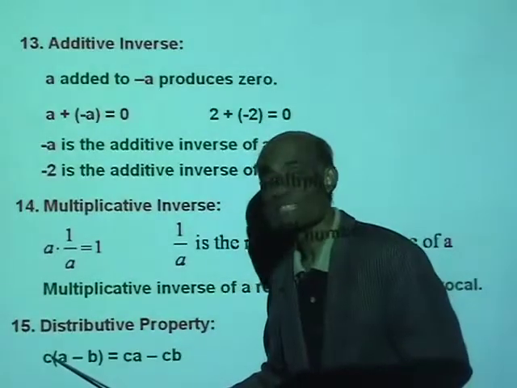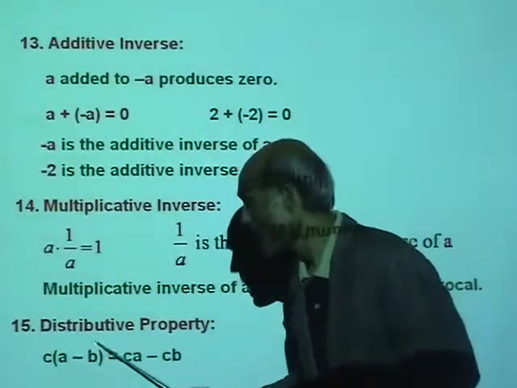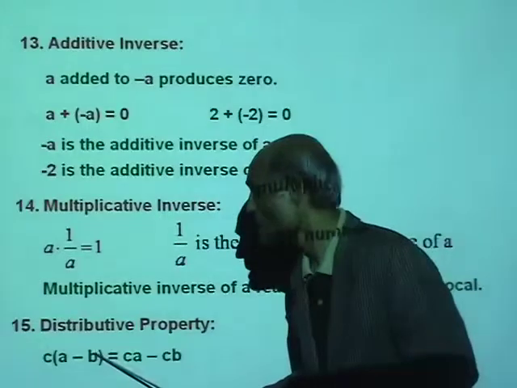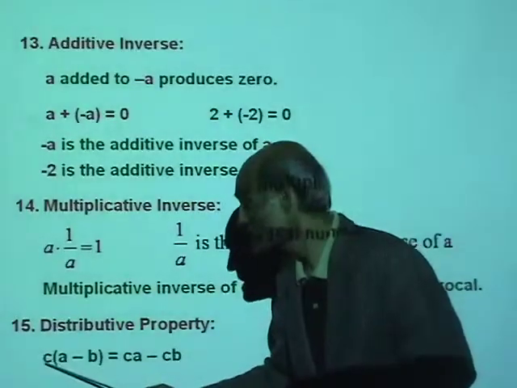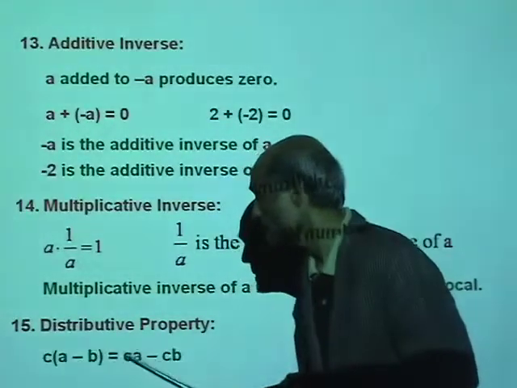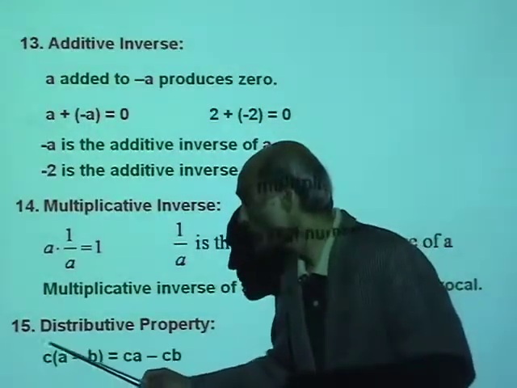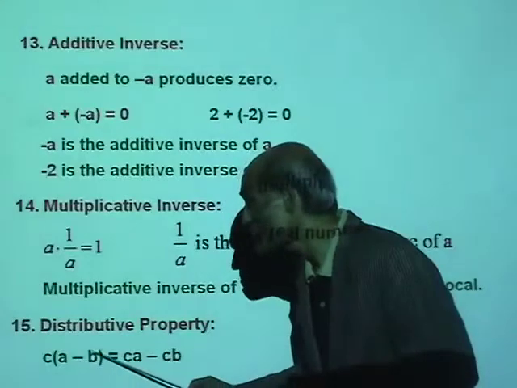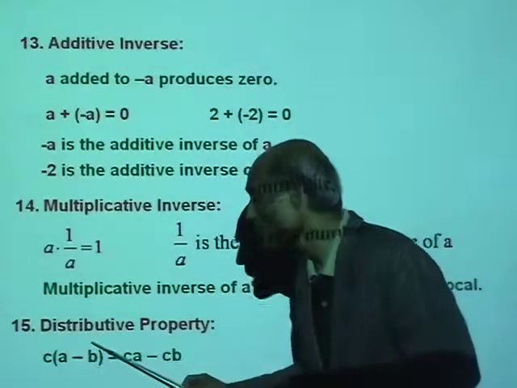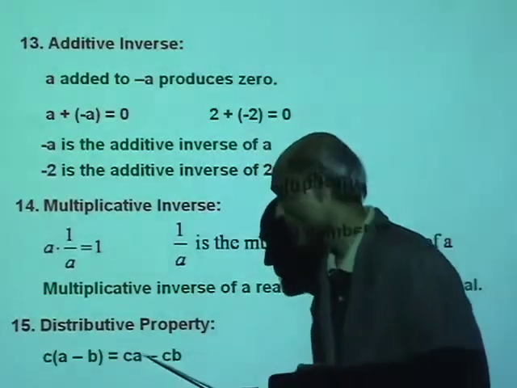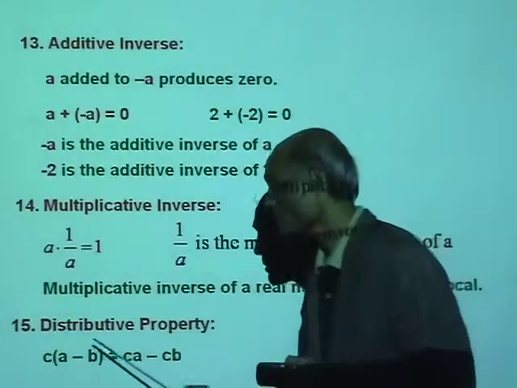In other words, C times A minus B means C multiplied by A, that is CA, and C multiplied by negative B. What is C multiplied by negative B? Minus CB. Look at this.